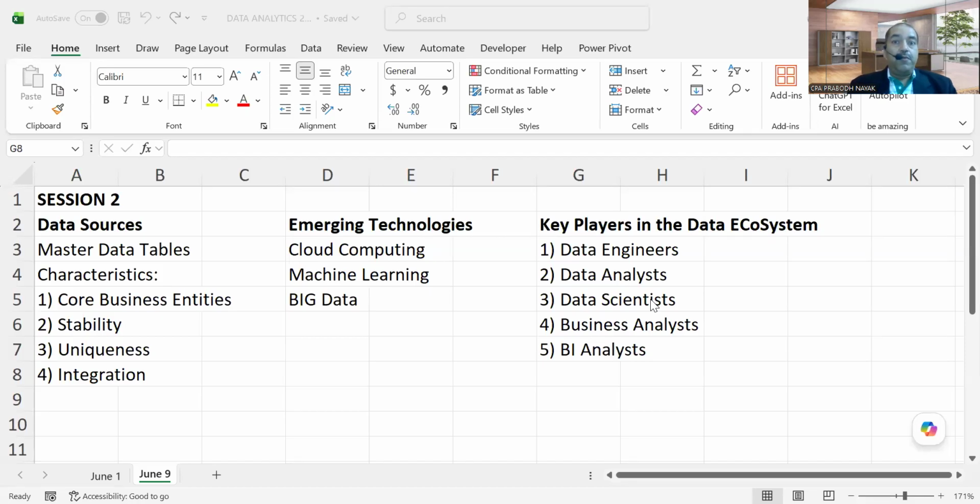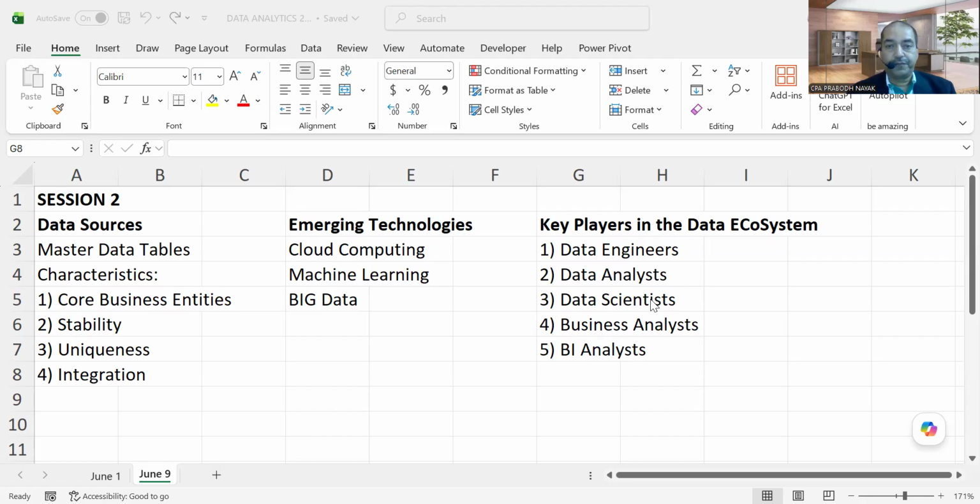Suppose tomorrow the government announces levying some import duty on import of certain raw materials that my company is using. How is it going to affect my business? External factors' impact on business aspects. That is what the business intelligence analyst does.